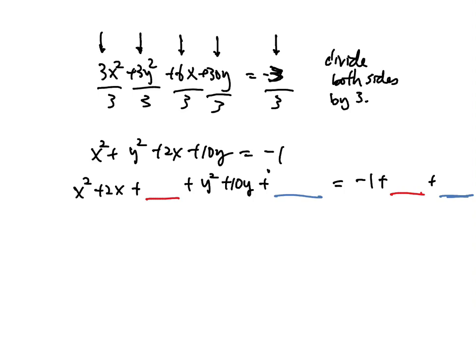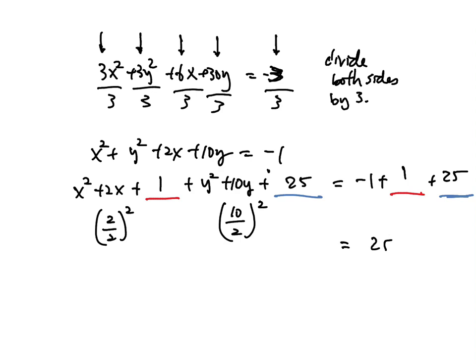Alright, x squared plus 2x. The missing number is 1 because 2 over 2 squared is 1. Y squared plus 10y plus the missing number. That missing number is going to be 25 because 10 over 2 quantity squared is 25. So I'm going to add 1 here and 25 here. And this actually turned out pretty decent. On the right hand side, I get a 25.